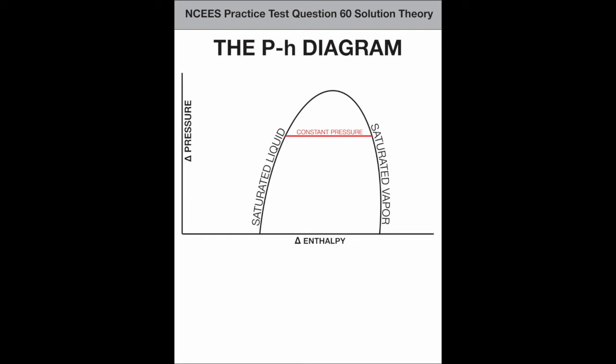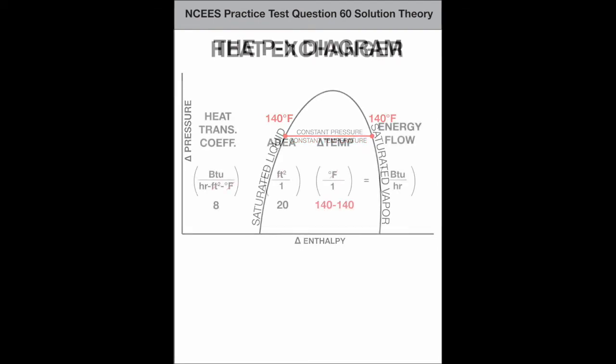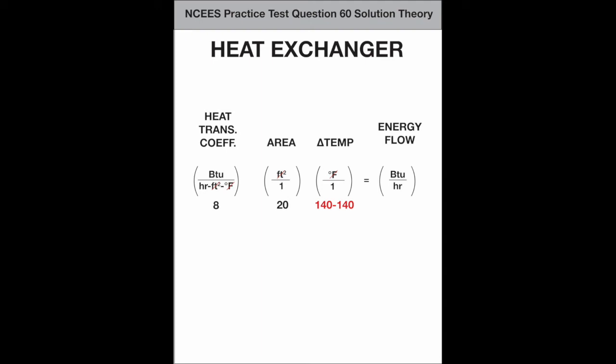Between saturated vapor and saturated liquid conditions, any process, like that of the condenser in this case, which is at a constant pressure, is also at a constant temperature. So it should be just as tempting to use 140 minus 140 for this temperature value too. But obviously you can't use both, at least not in the context of energy flow within the fluids.